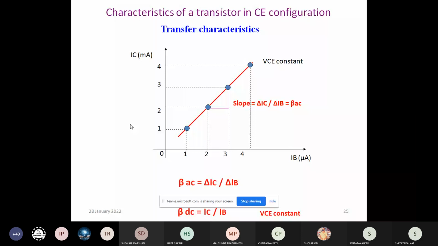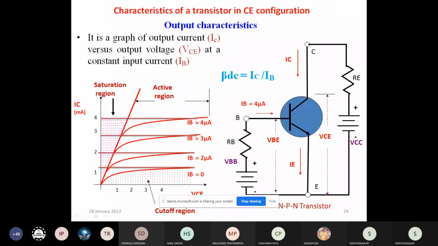Because the emitter has the negative supply, it gives reverse bias. In the CE configuration, the emitter terminal is the common ground, the input is connected to the base terminal and the output is connected to the collector terminal. In the CB configuration, the base terminal is connected to ground and the emitter is connected to the input.